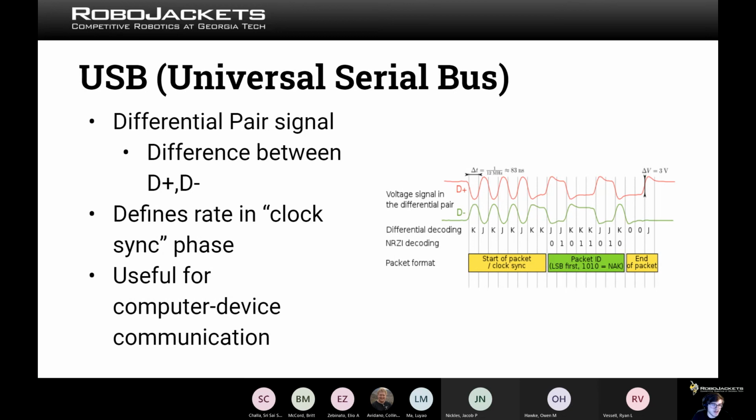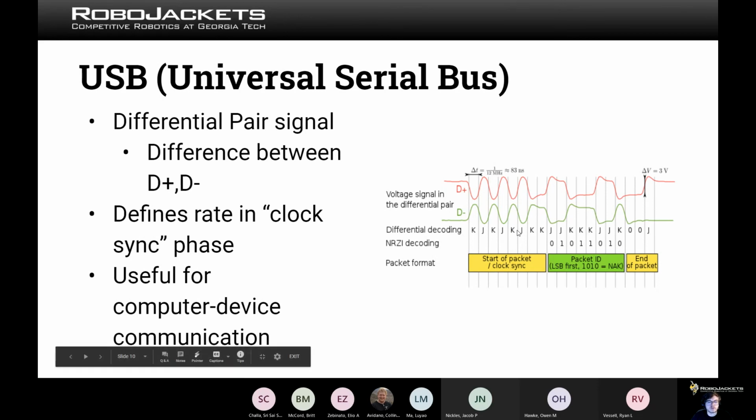So it defines the rate in a clock sync phase. Again, there isn't necessarily a clock signal provided as there was for SPI and I2C. The clock is encoded within the USB packet.